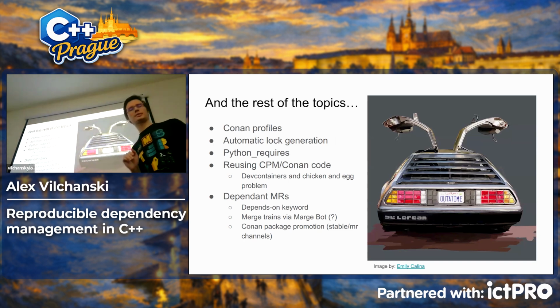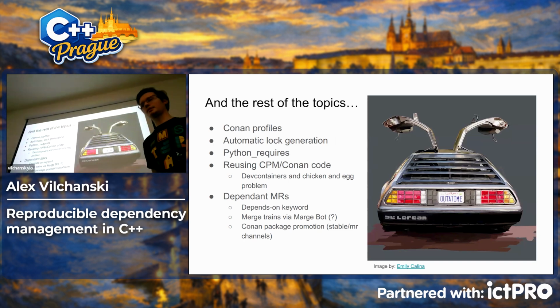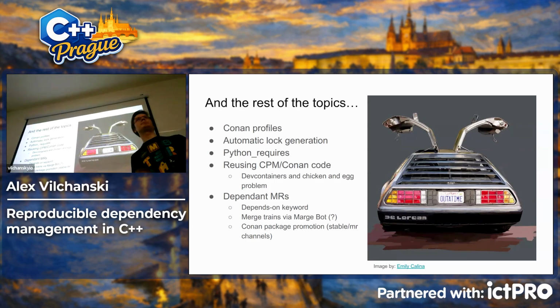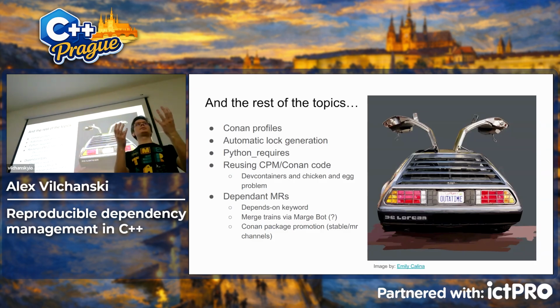I wanted to ask about, or discuss maybe, some kind of package promotion mechanism where again you have A, B, C kind of dependencies, and then you make changes to C, and you want to take B and also test that with that C, so it also builds that merge request.